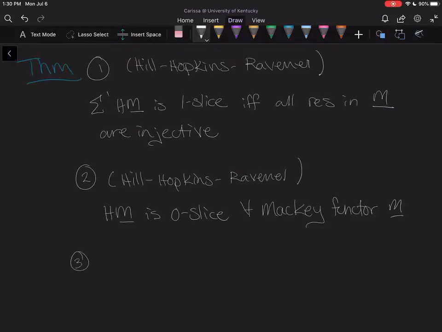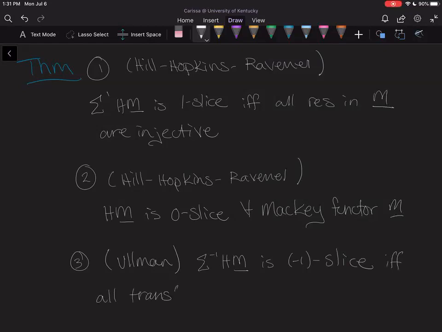And finally, this is due to Ullman. If we desuspend our Eilenberg-MacLane spectrum, it's a -1 slice if and only if all transfers, the maps going up in M, are surjective.